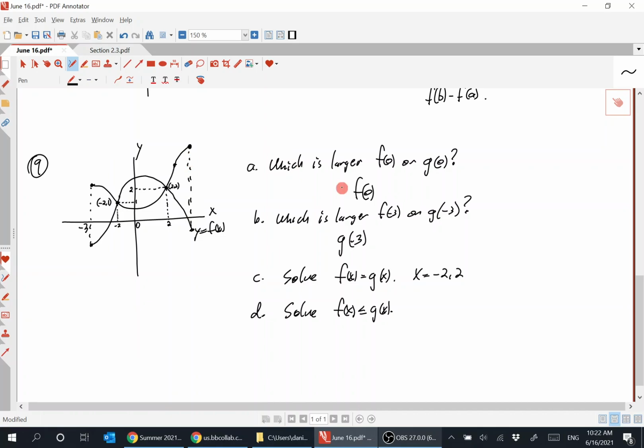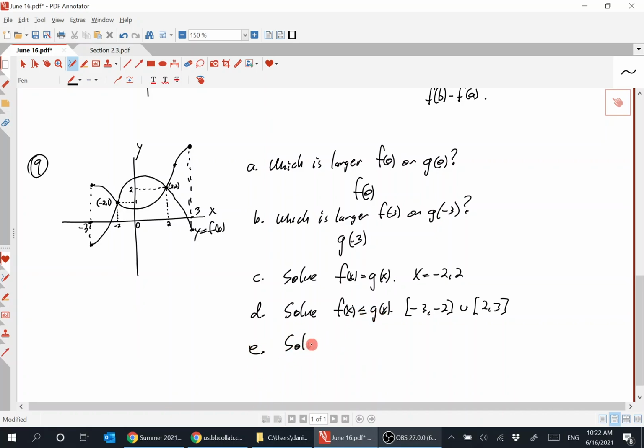These graphs should start and end in the same place. So this is x equal to -3. This is x equal to +3. So where is f less than g? Well, that's from -3 to -2, union 2 to 3. That's where the graph of f is below the graph of g.